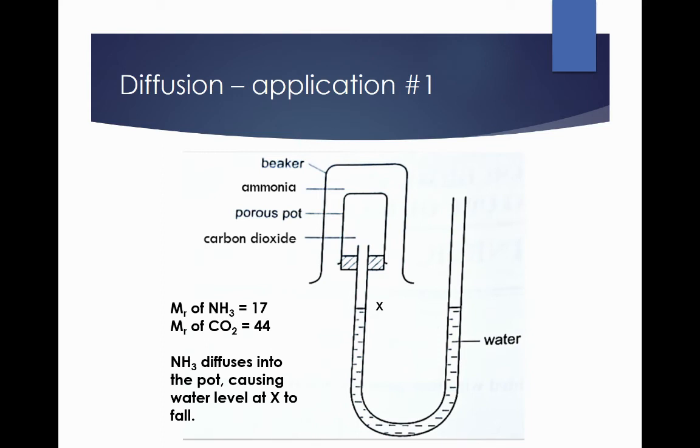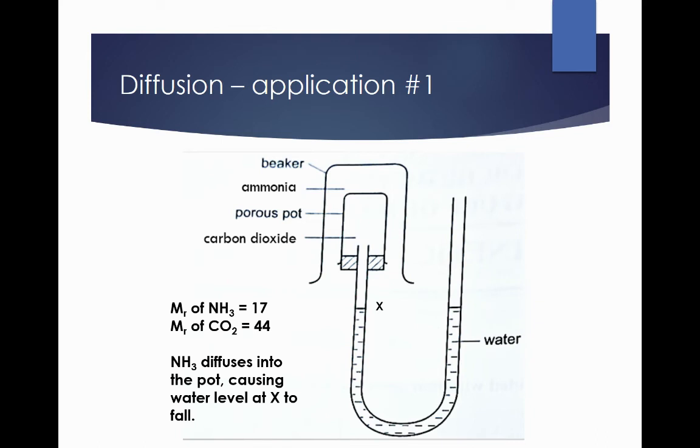And imagine if a long time is given for this whole experiment to be conducted. After some time, your ammonia and carbon dioxide will diffuse such that the concentration of the ammonia and carbon dioxide in the beaker and porous pot will be equal.